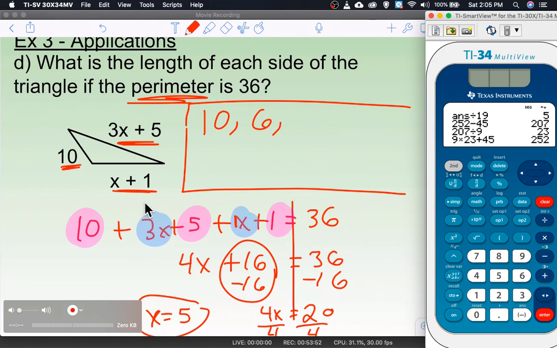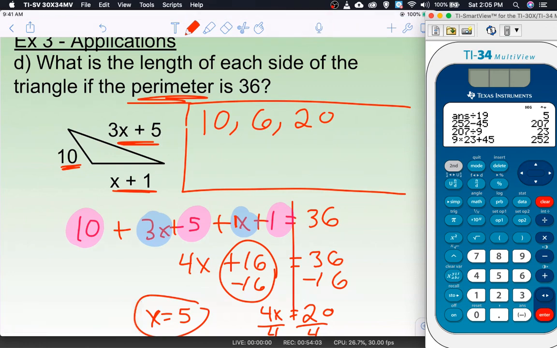If I plug in 5 for x, 3 times 5 is 15, plus 5 is 20. Those are the three lengths of this triangle. So again, once you get an answer, make sure that your answer makes sense. Make sure you answer the question.